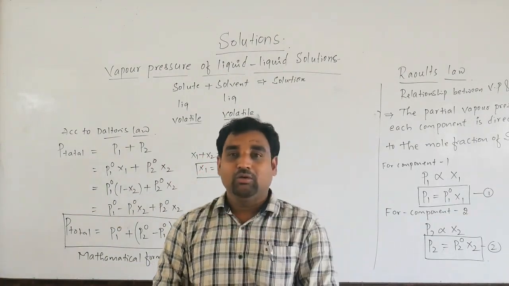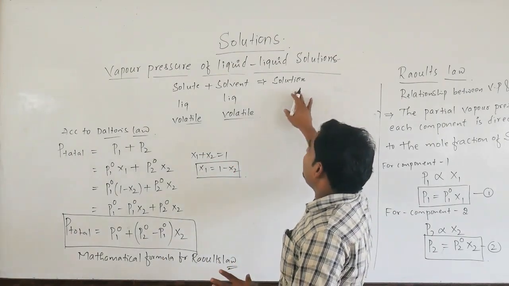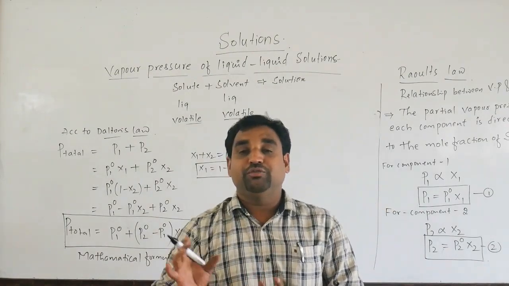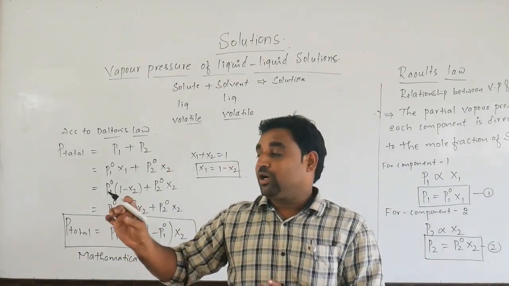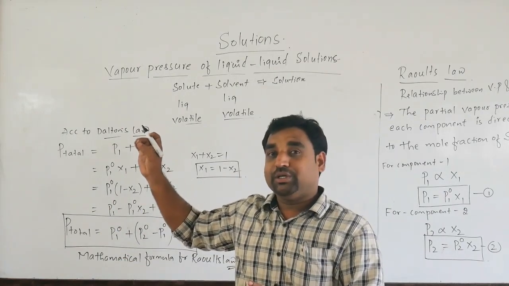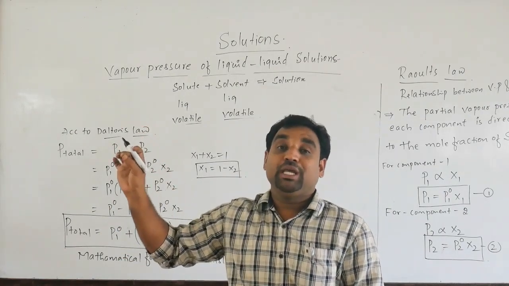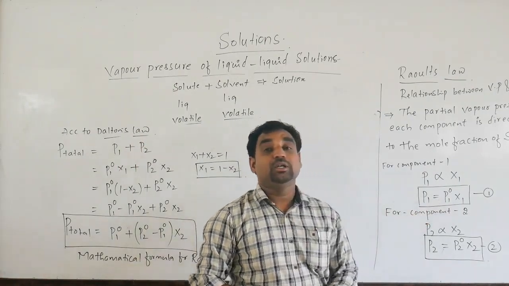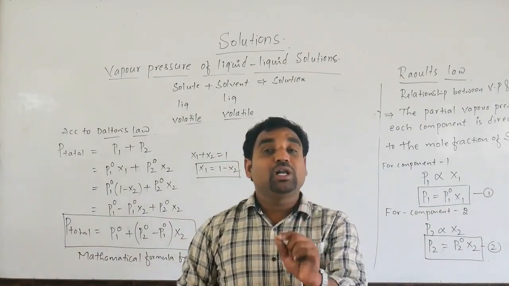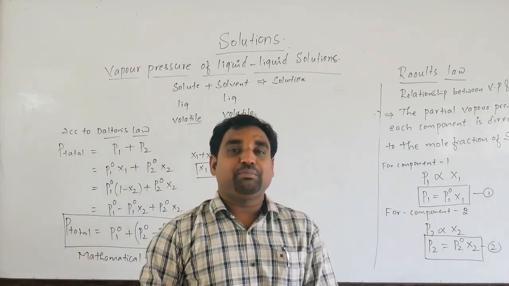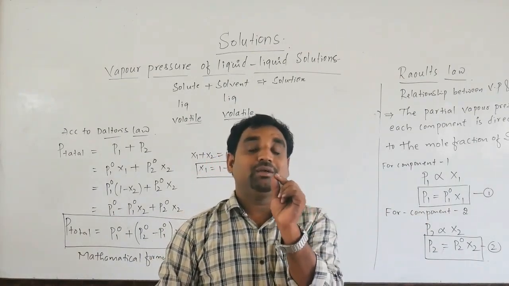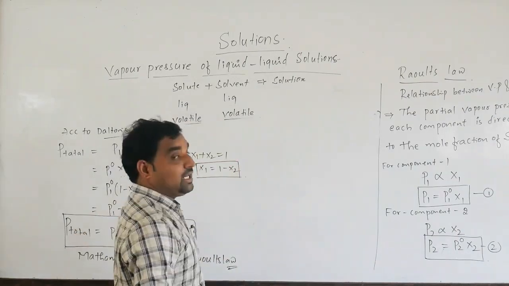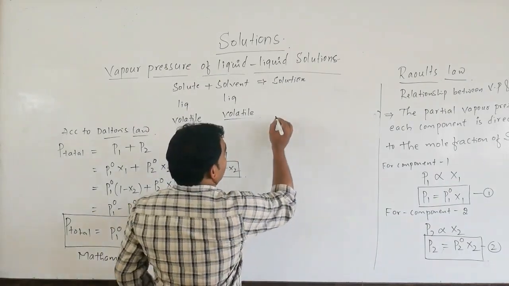Vapor pressure of a liquid solution means both the solute and the solvent are liquids. P1 naught means the vapor pressure of the pure component, P1 is the partial vapor pressure, and the naught indicates the pure vapor pressure of the component.